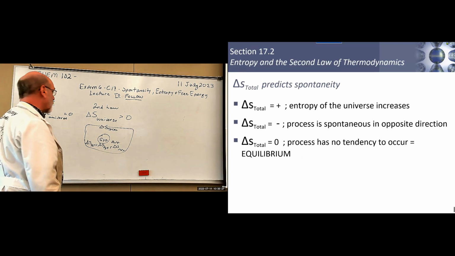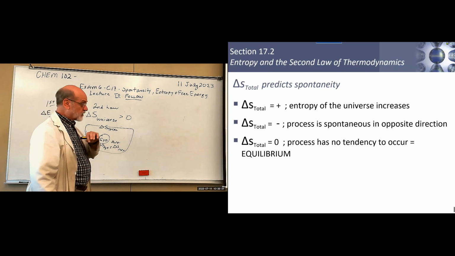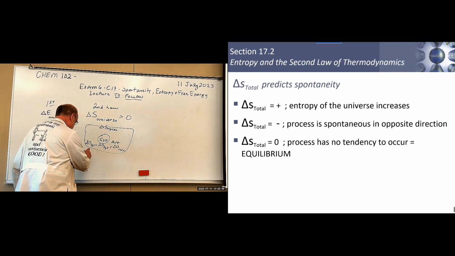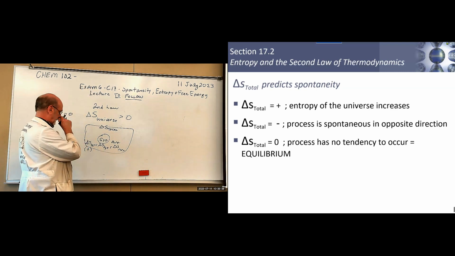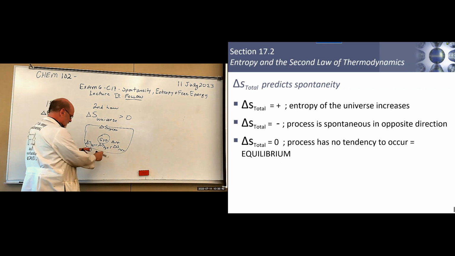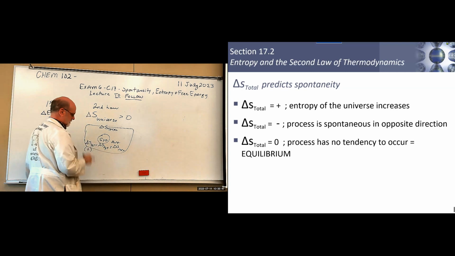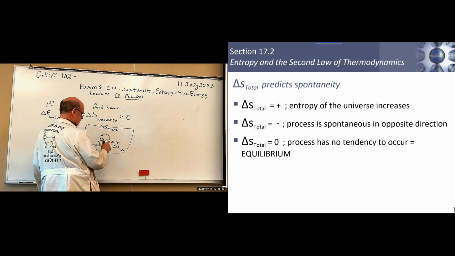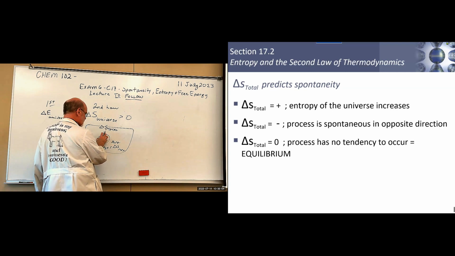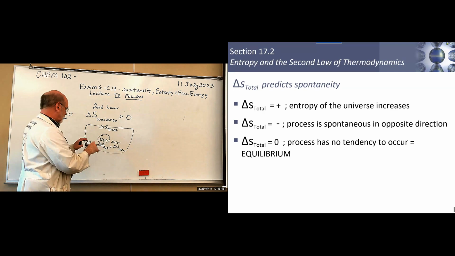Okay, so the process, physical or chemical, will be spontaneous if this value is positive. So that means we have to ask, what is the relative magnitude of each one of these? If we have a decreasing entropy here and increasing here, what does that mean for the total?